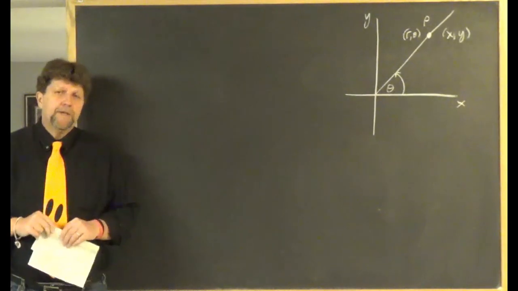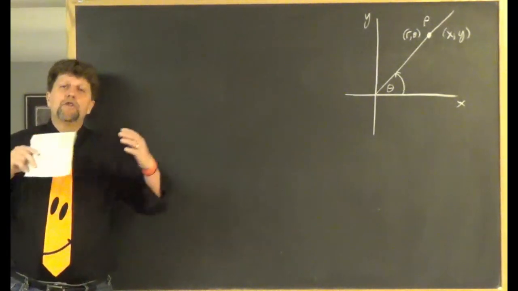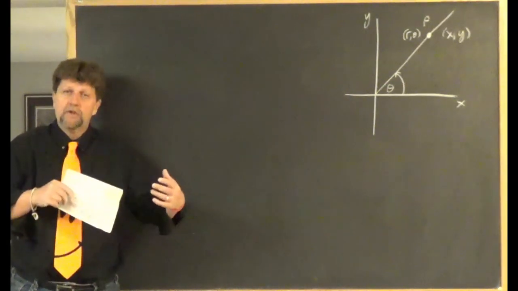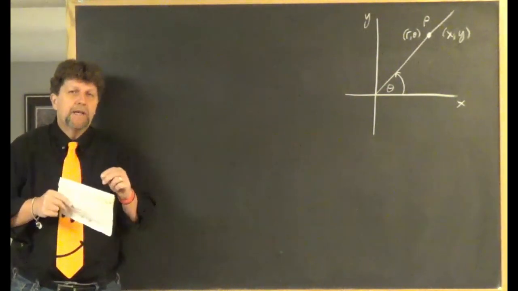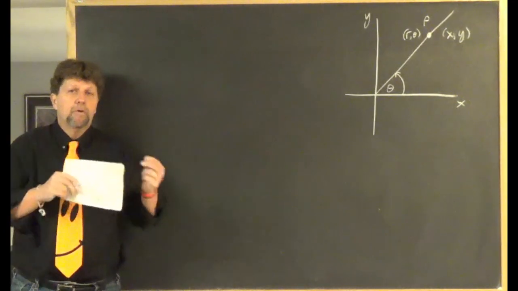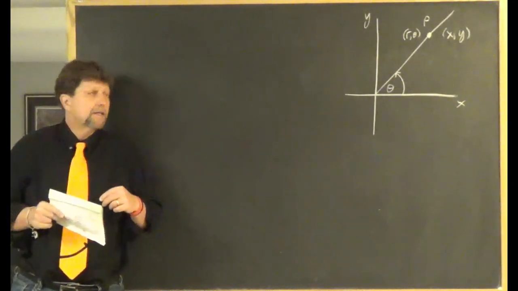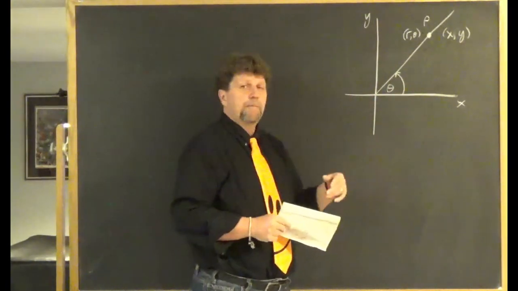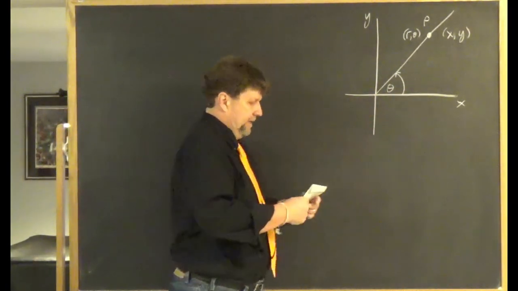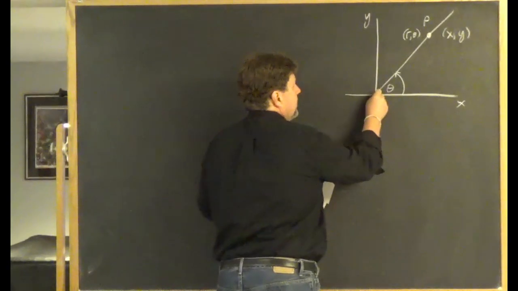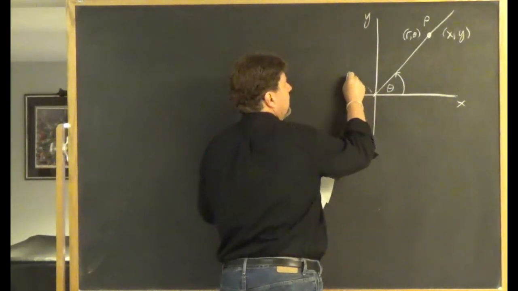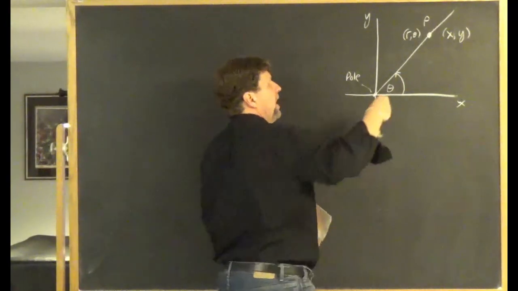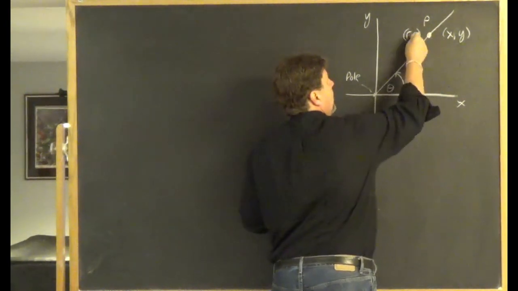All right, folks, because we take our polar coordinate system and we superimpose it on top of the xy coordinate system, the Cartesian coordinate system, we should be able to get a relationship between polar coordinates and rectangular coordinates. So here's my rectangular coordinate system, and I went ahead and gave my polar axis a rotation, and I've plotted a polar point, r theta.